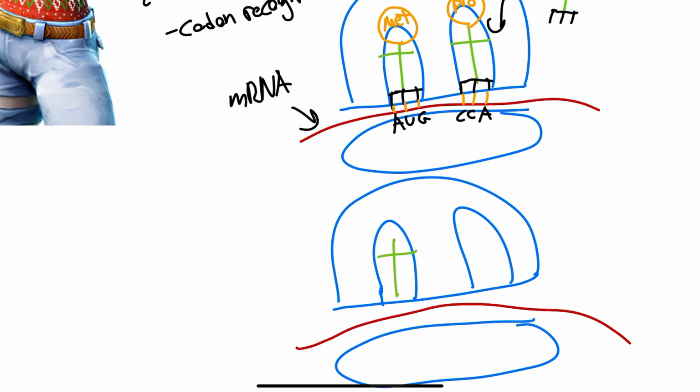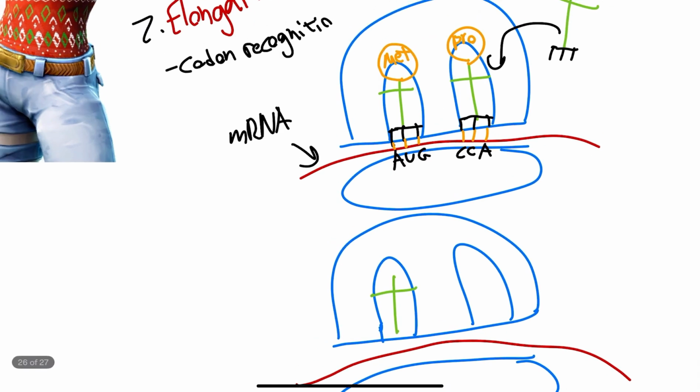And when he goes right here, he's going to have two things attached to him. He's going to have a methionine, and then let's do a triangle for proline. He's going to have it like this. They connected. And then this guy right here, he's just going to exit from here.